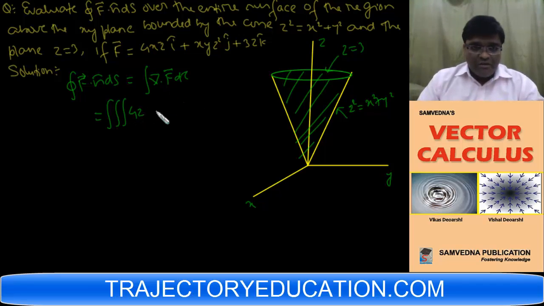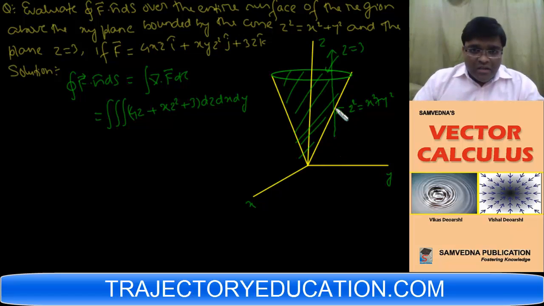dV is dx dy dz in Cartesian. So del dot F is 4z plus xz square plus 3, dz dx dy. I want to integrate first with respect to z, so I have dz over here, and the limit of z will be, you draw an arrow parallel to z axis and see where it cuts.